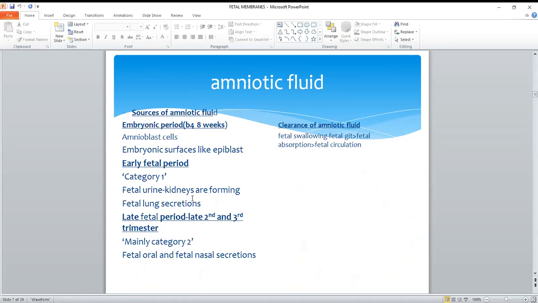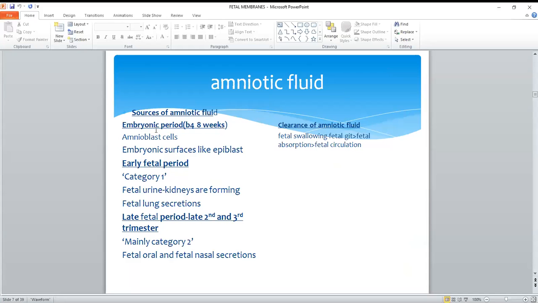So I'm going to discuss the sources of the amniotic fluid. I will divide this into three periods: the embryonic period before 8 weeks, the early fetal period, and the late fetal period.